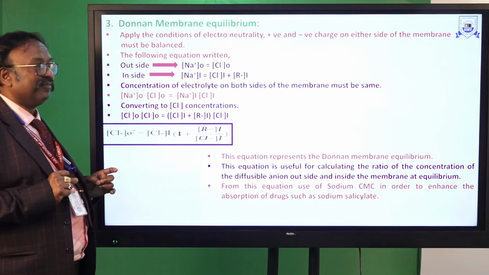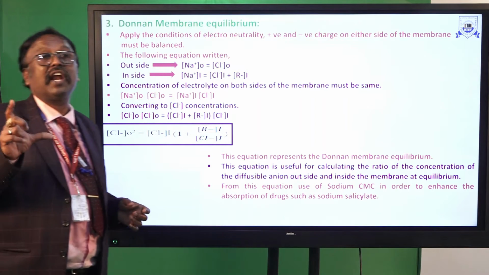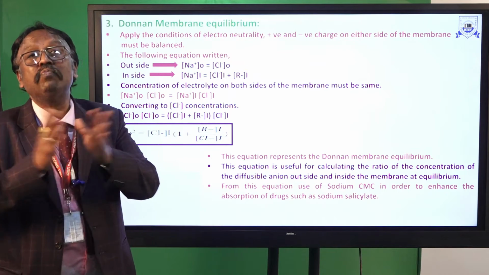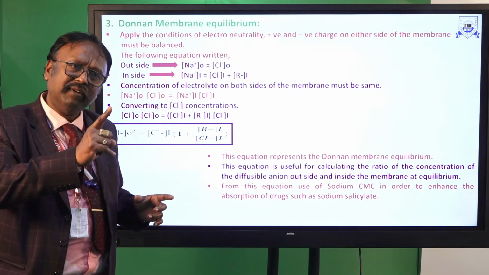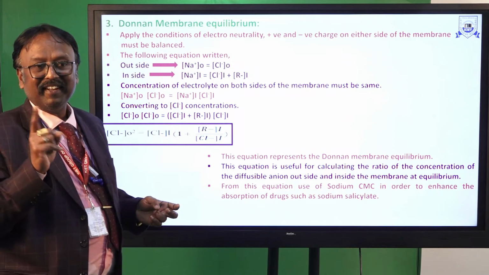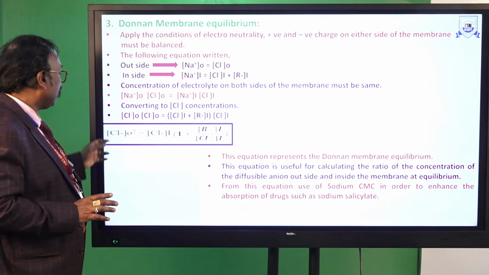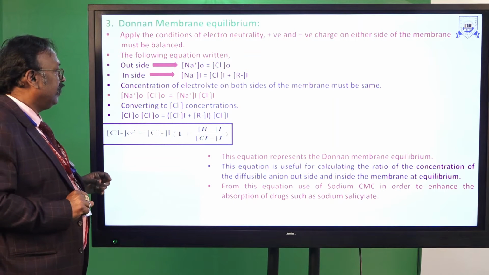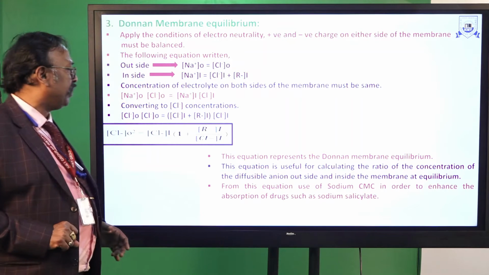The difference is that while exchange occurs, this R1, the colloidal particle, cannot move. The movement is only of sodium and chloride, both will move, but the colloidal particles never move. That means finally the equation represents the Donnan membrane equilibrium.